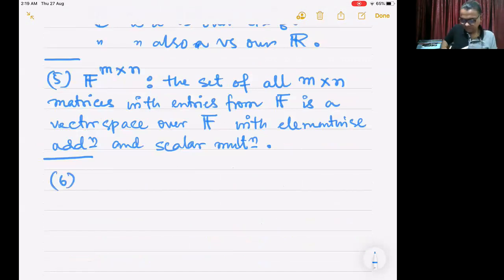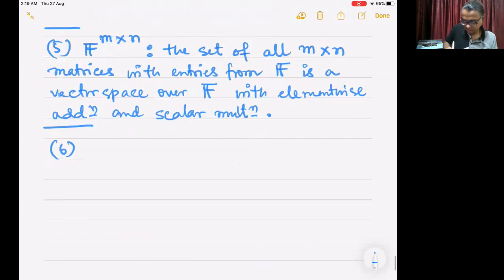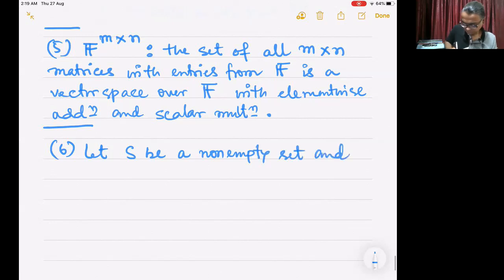Example number 6 is, say, let S be a non-empty set and F be a field, any field.